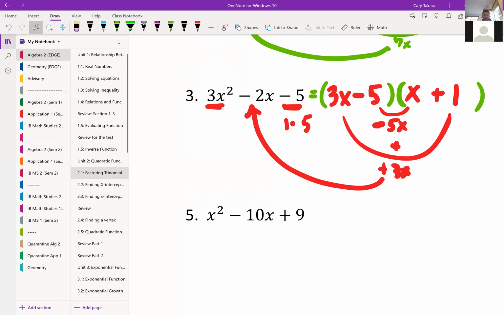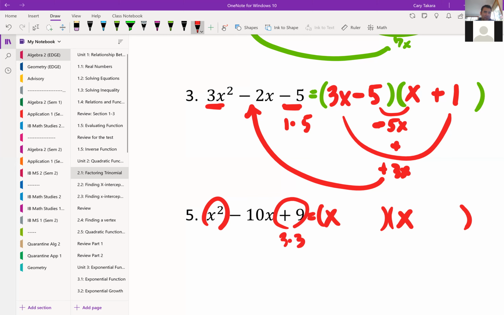Okay, it's been about a minute. Again, the first term is x squared, so that's going to be a little bit easier. It has to be x and x. The last term is 9. 9 is 3 times 3 or 1 times 9.